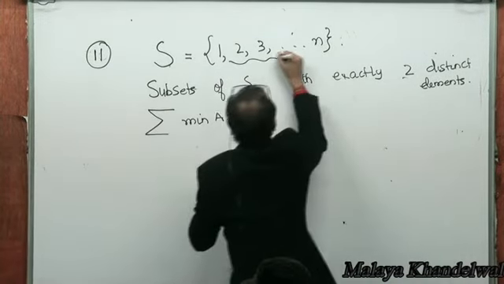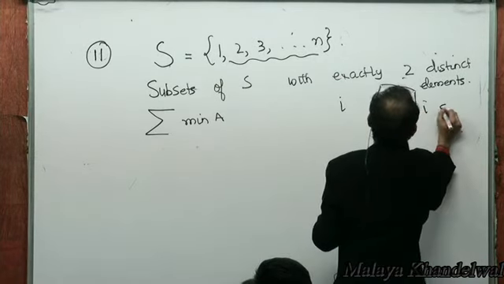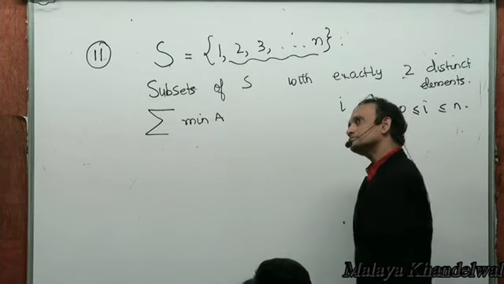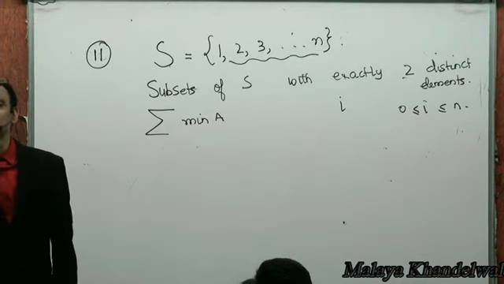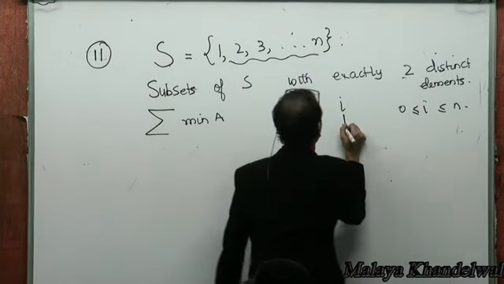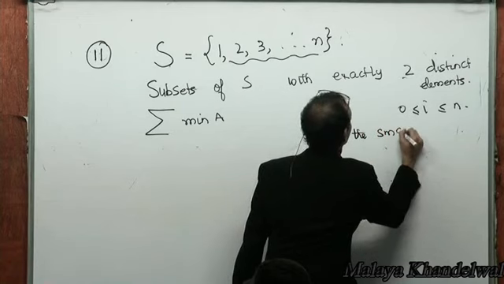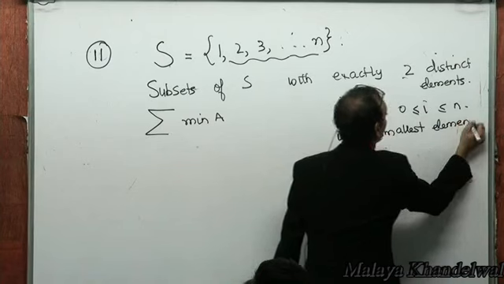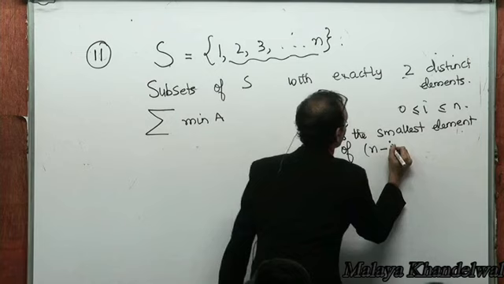Say there is a member i here. Suppose there is a member i here. I maintain that i is the smallest element of n minus i subsets.